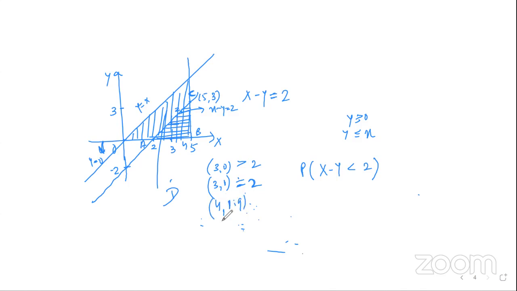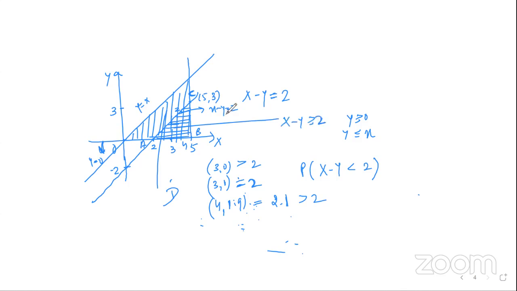So it will come out to be 2.1. It is again greater than 2. So always in this region ABC, you will see that x minus y will come out to be greater than or equal to 2. In this region, it is x minus y greater than or equal to 2.